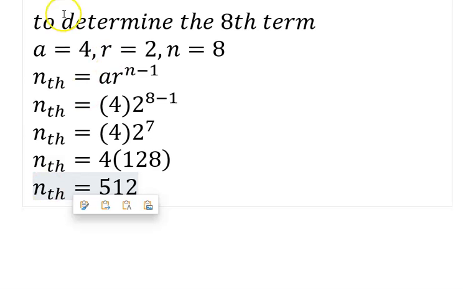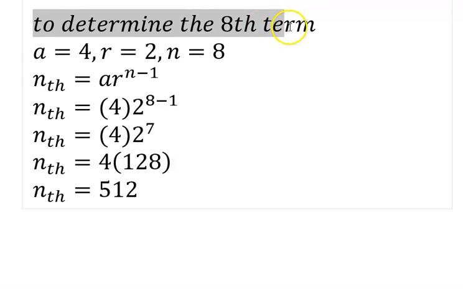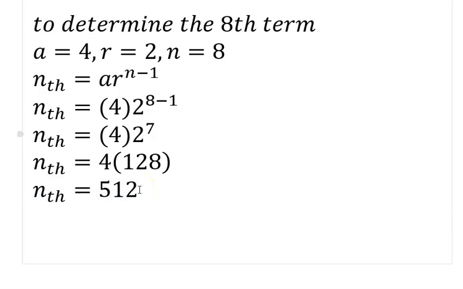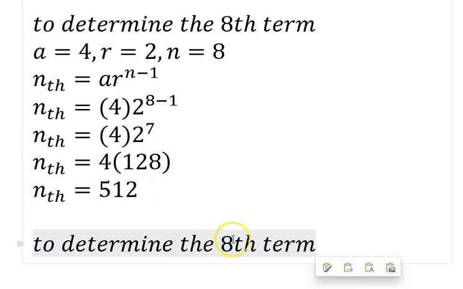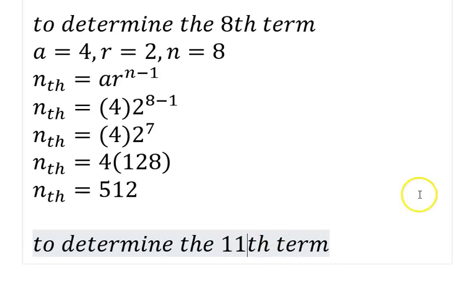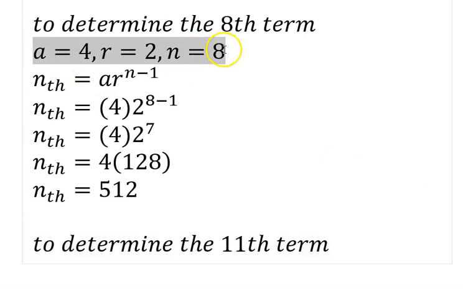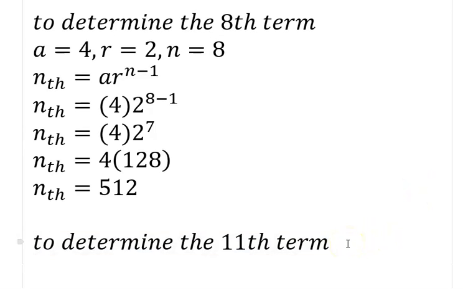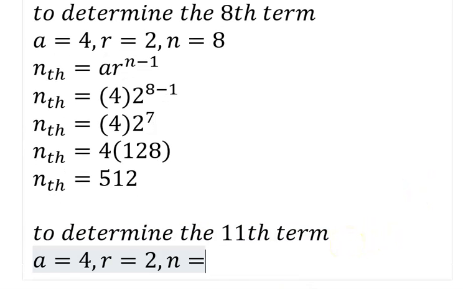So let's determine our 11th term, because that's the second thing. Question says we should determine the 8th term and the 11th term. So let's determine the 11th term. It's 11. Beautiful.